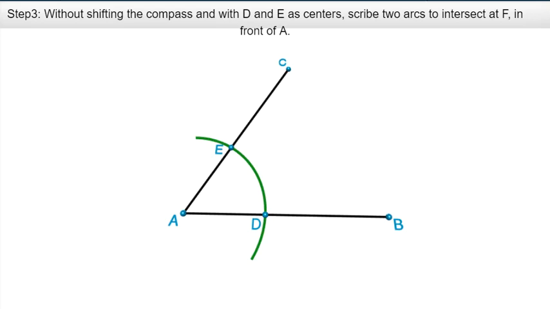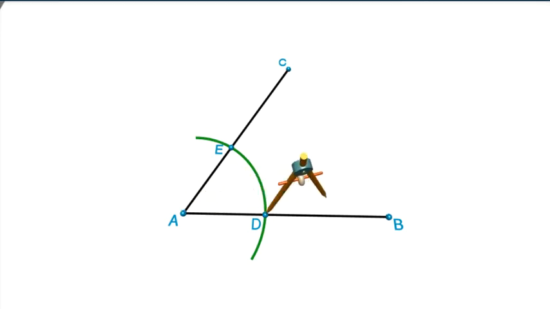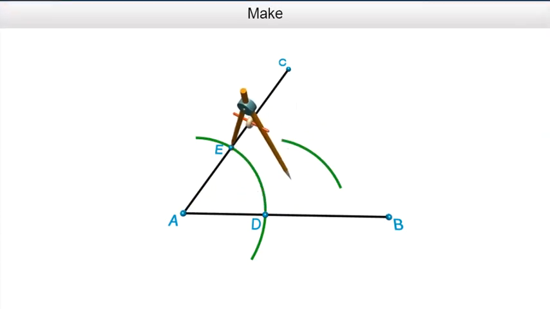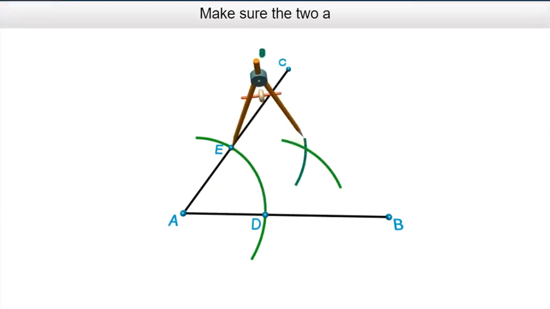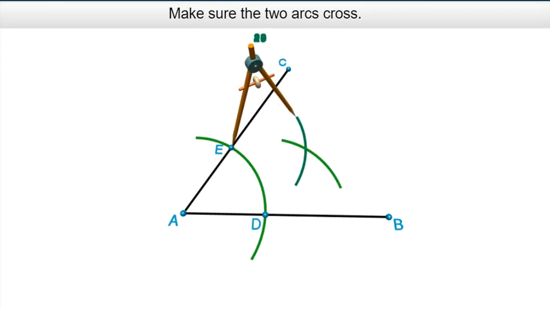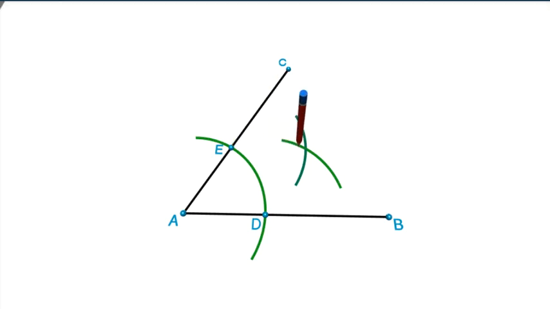So now I simply move the metal tip from A and put it at E and D and scribe 2 arcs. First at E, scribe an arc, then simply move the metal tip from D over to E and scribe a second arc. The 2 arcs intersect at F.